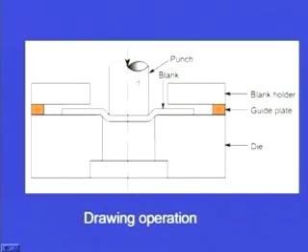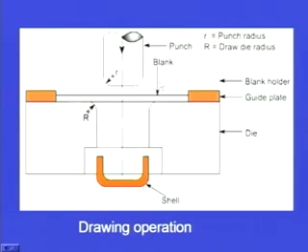A punch will exert sufficient force on this blank to force it into the die cavity, so that the sheet will take the shape of the die and we will get the final product. Now, in this diagram we can see that this small r is the punch radius, and this capital R is the draw die radius, this is the draw die.